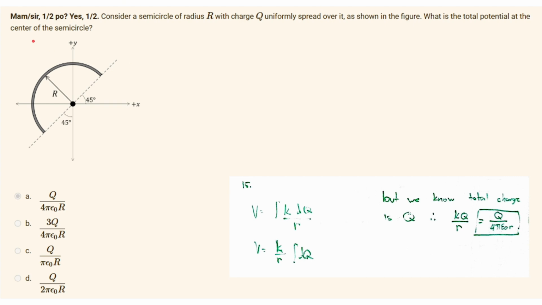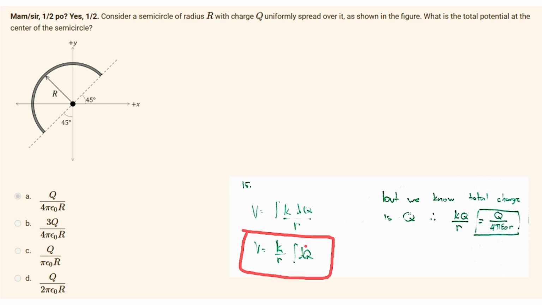Next, there's a trick to this one. Consider a semicircle of radius r with charge q uniformly spread over it, as shown in the figure below. What is the total potential at the center of the semicircle? The equation to get the potential is the integral, k over r times the integral of dq.